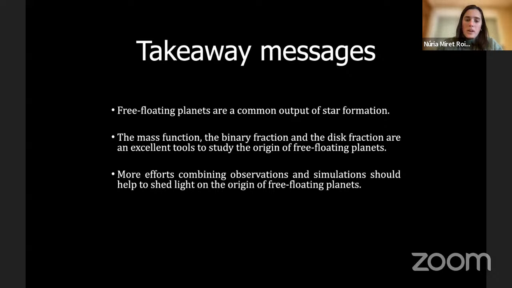Then the mass function, but also the binary fraction and the disk fraction are excellent tools to study the origin of these free-floating planets. And finally, we will need still more efforts to combine observations and simulations to learn more about the process that forms this type of objects.